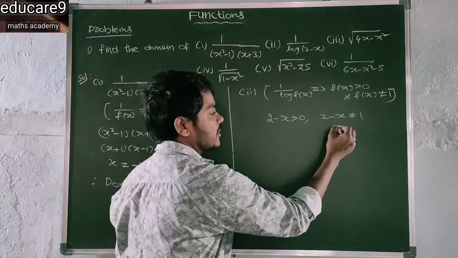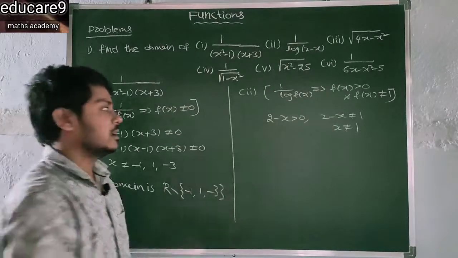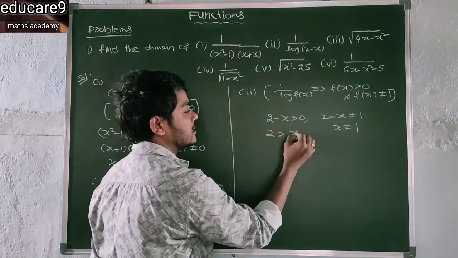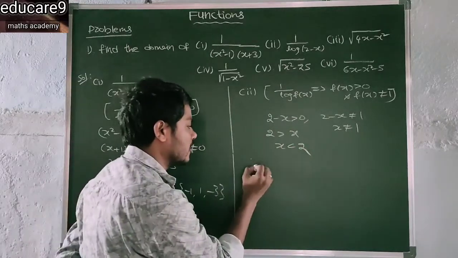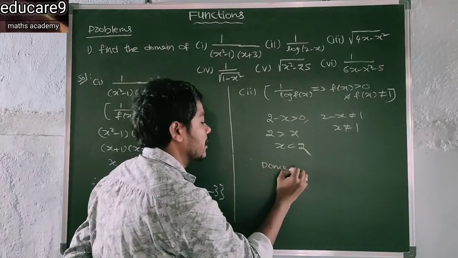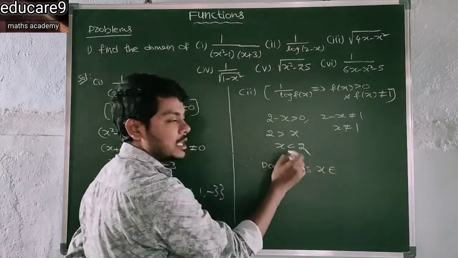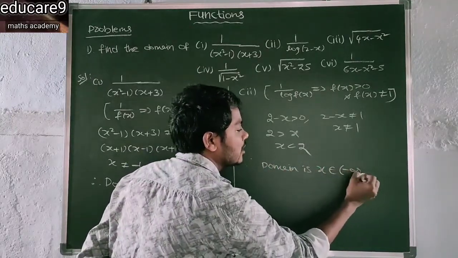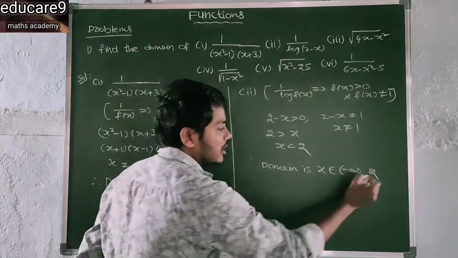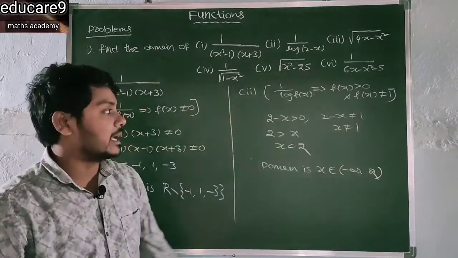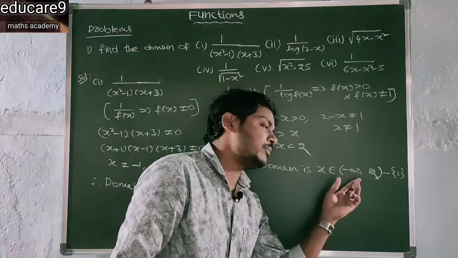So clearly from this x is not equal to 1. Here 2 is greater than x, so x is less than 2. Therefore domain is x belongs to minus infinity comma 2, with open bracket since not equal to is there. But here x is not equal to 1, so remove 1 from this interval.